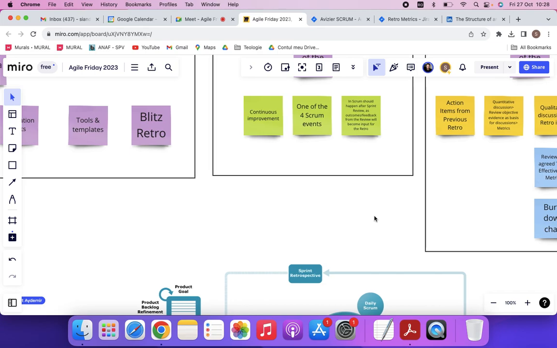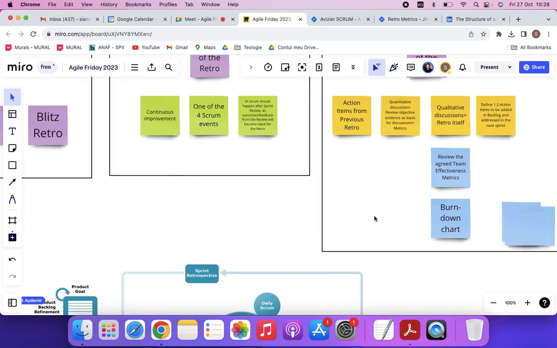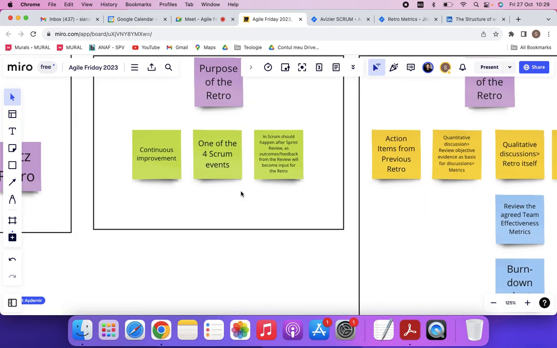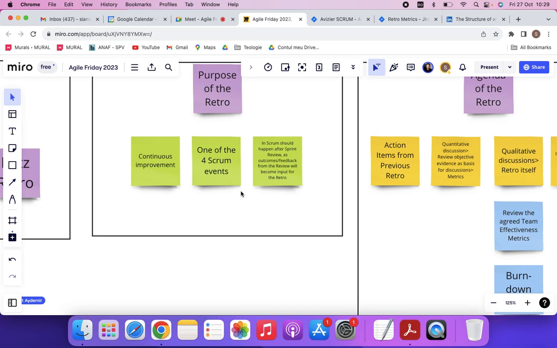Yes. Well, at this point, I want to mention something. It's harder to make people understand the benefits of retrospective, because developers think that this is an unnecessary meeting.